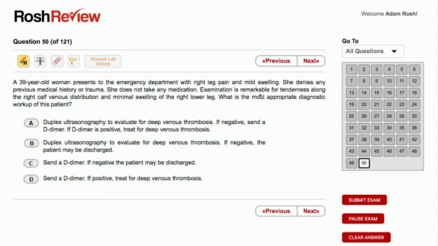And remember, when we're given information on a standardized exam, it's given to us for a reason, just like information that's not provided is not provided for a reason. So what we're provided with here is tenderness along the right calf venous distribution and minimal swelling of the right lower leg.